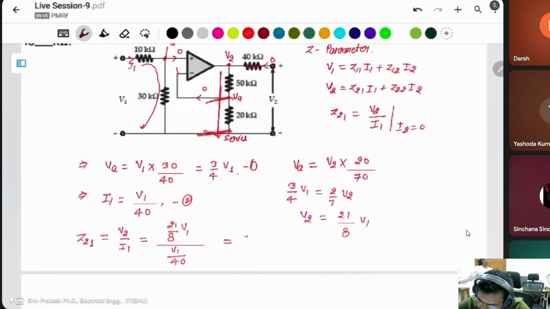This will be 21 into 40 divided by 8 into 1. This will be 105 kilo. Why kilo? Because all the resistances are in kilo ohm. That's why this current is in milliampere and this voltage will be in volt. That's why this resistance is in kilo ohm.